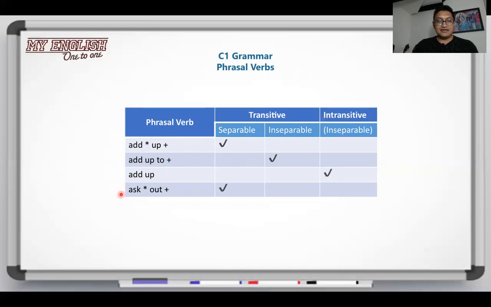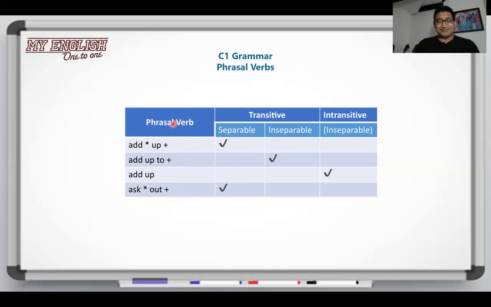And finally, let's check this one: ask out. It has an asterisk and a plus symbol. Remember, when it has a plus symbol, it is transitive. When it has an asterisk, it is separable. So ask out in this form is a separable transitive phrasal verb.